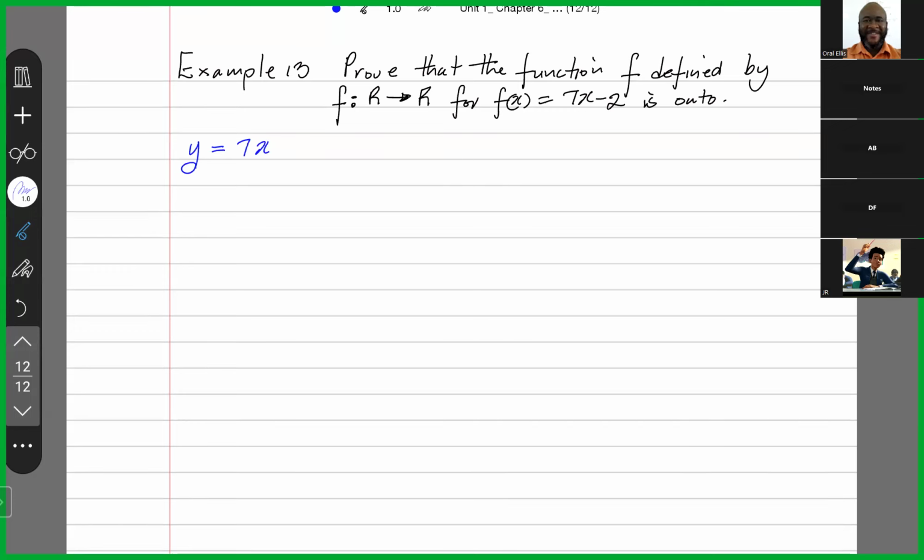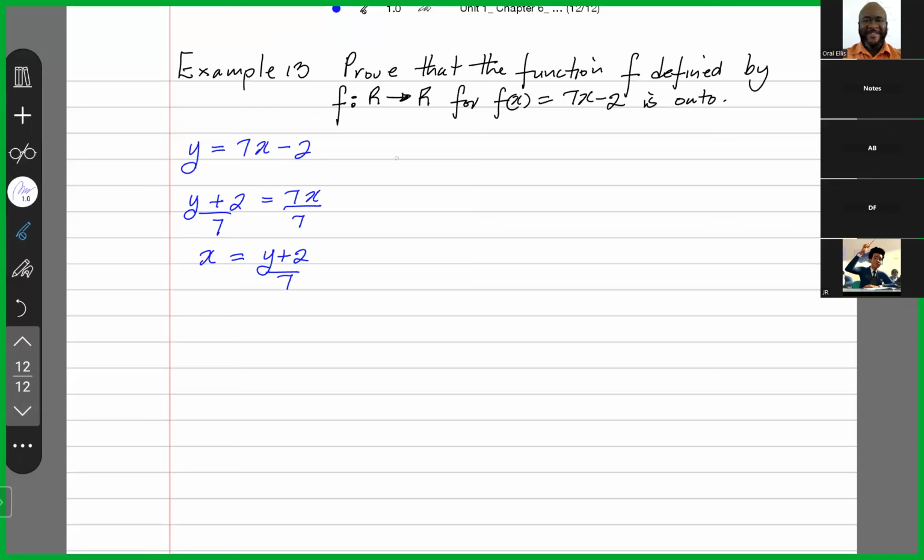So Y is equal to 7x minus 2. Then we need to make x the subject. So y plus 2 is equal to 7x. If I divide both sides by 7, I'm going to get that x is equal to y plus 2 over 7.